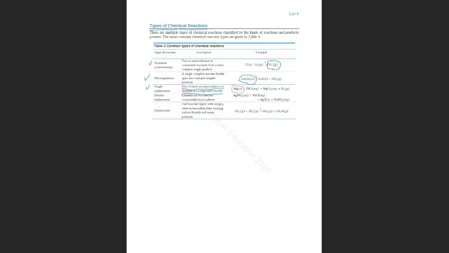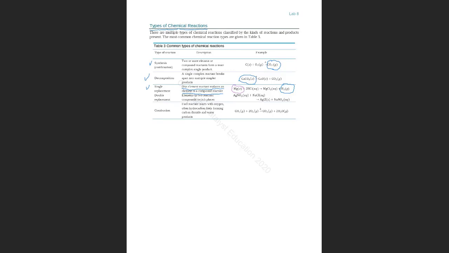And then when you look on the other side, you find another free element, which is hydrogen gas. So one substance replaces another in the compound and creates a free element.